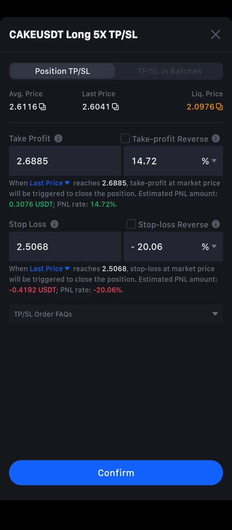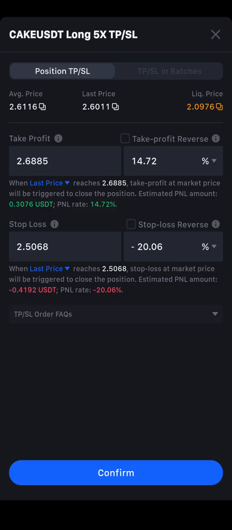And also, if this trade does not go well, it should stop me off from the market at this price, 2.5068. And if it did go well, like I said, you can see the money it will lock for me at this particular price. But if this trade moves to 200%, that is when I'm going to get more money.